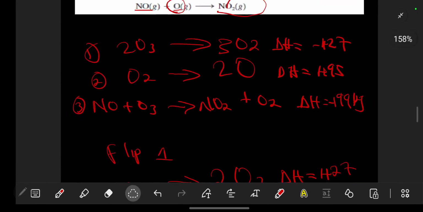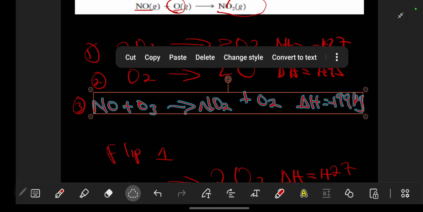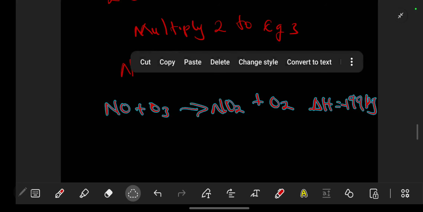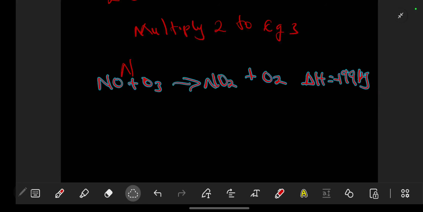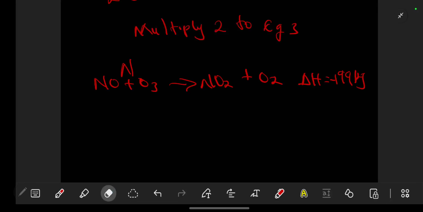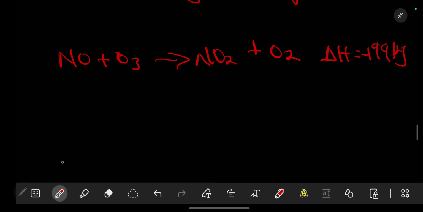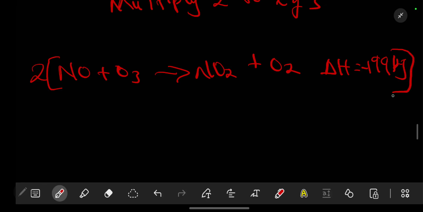So this is the equation in which we are going to multiply by 2.